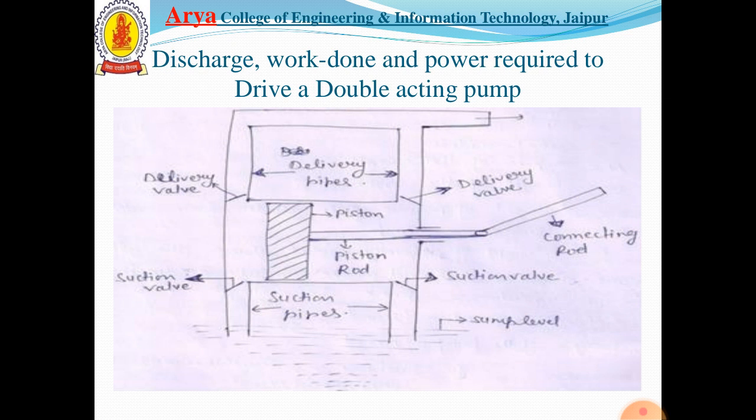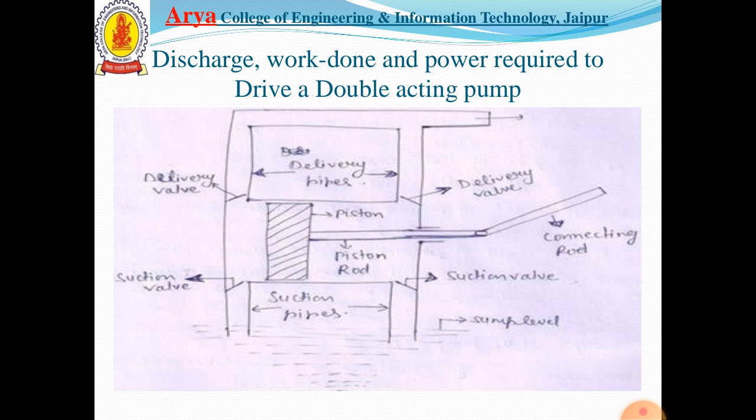As the piston moves from left to right, a partial suction is created at the left hand side, and the suction valve at the left hand side opens while the delivery valve remains closed. Simultaneously, as the pressure rises towards the right, that will close the suction valve on the right and open the delivery valve.